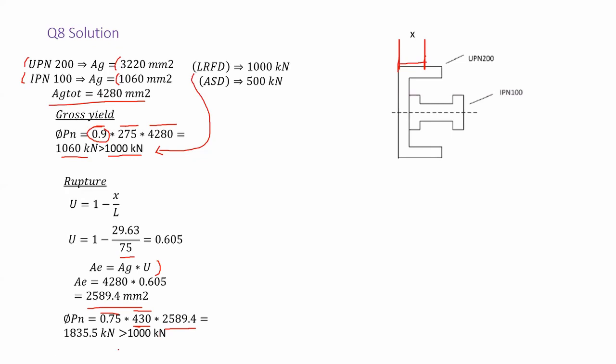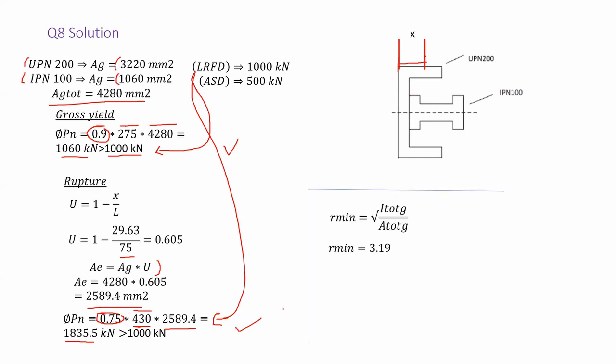If you plug in all these values, you obtain the net rupture capacity of this member equal to 1,800 kilonewton, bigger than 1,000 kilonewton, the load in the LRFD combination, because I multiply by 0.75. I'm following LRFD. So this is good. I satisfy gross yield and I satisfy rupture.